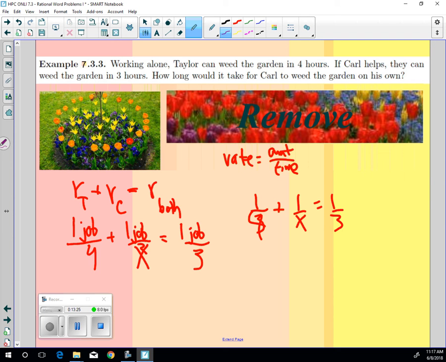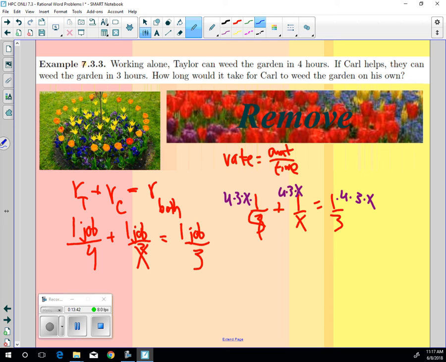If you multiply these all together, you're going to get 12x. So I'm going to multiply everything by 4 times 3 times x.